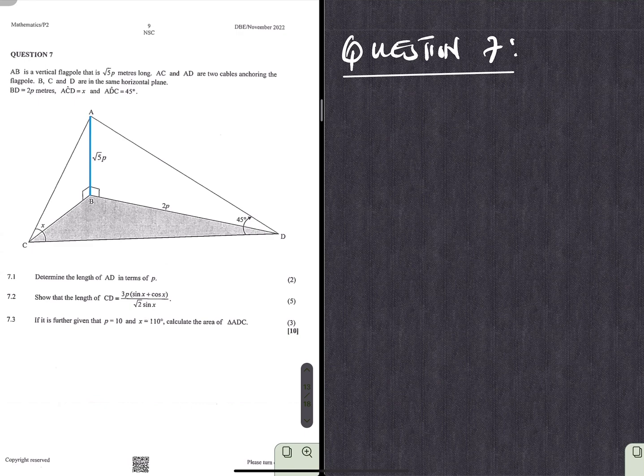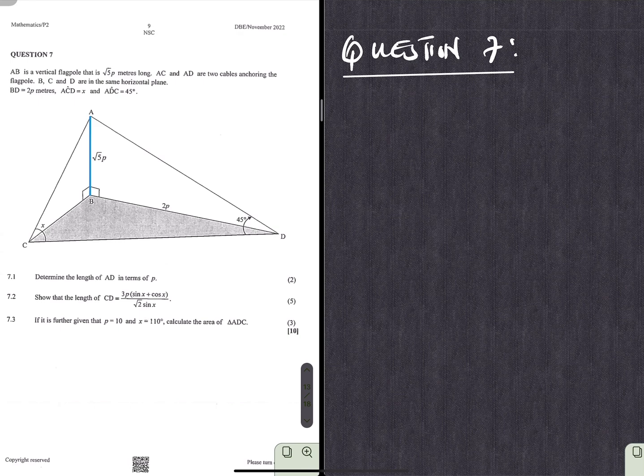They give you the length of BD. BD is 2p, and they give you AB, that is root 5p. And they give you angle D, the whole of this angle here, that is 45 degrees.